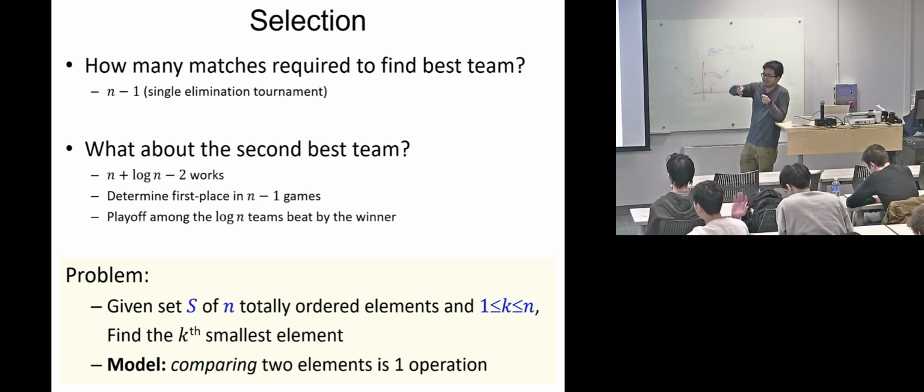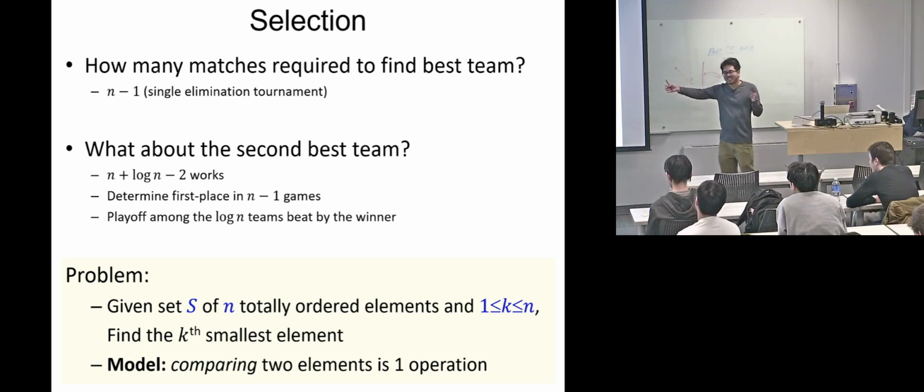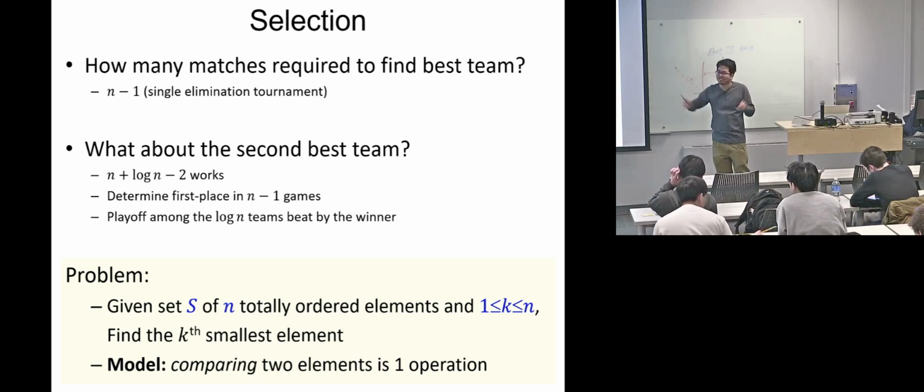You want to find the kth smallest guy. Yeah, you just sort it and then choose the kth. You sort everything first. That takes n log n operations, and then you just look at the kth guy in your list. So that's good. So n log n is possible.